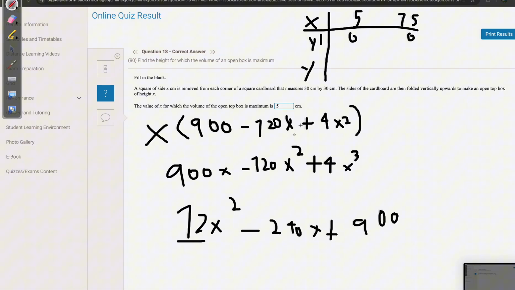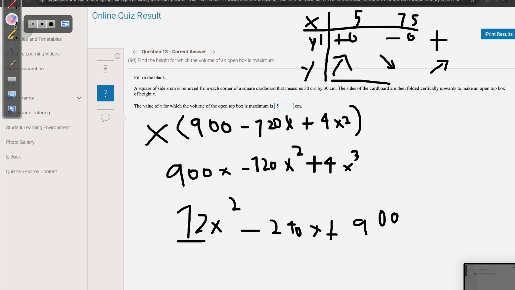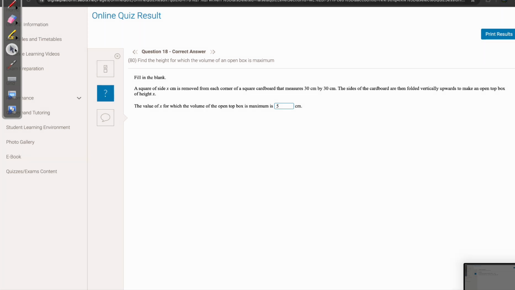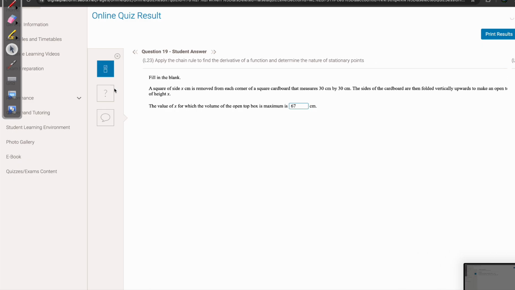Gonna take 12 as reference, so same, opposite same, then up, down, up, and as we can see, it's the maximum at x is equal to 5. Number 19.